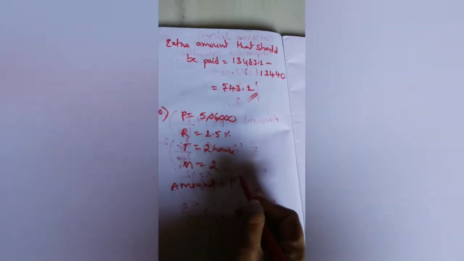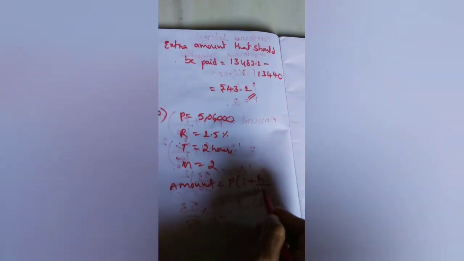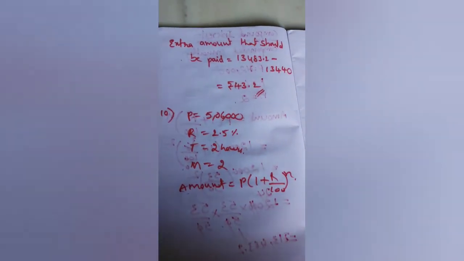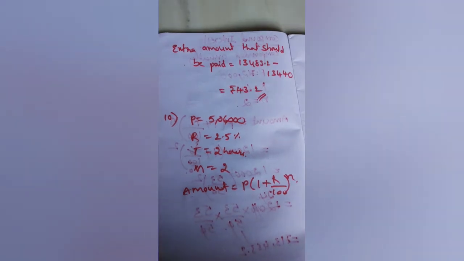Amount is equal to P into 1 plus R by 100 whole to the power of N. Here, instead of writing amount, we have to write what is increasing, the bacteria at the end of 2 hours.